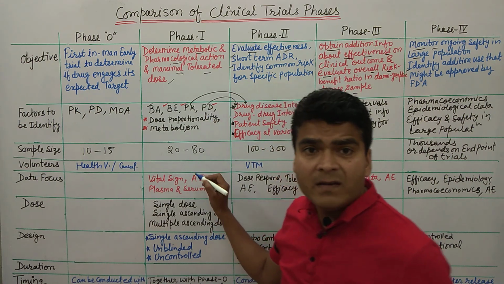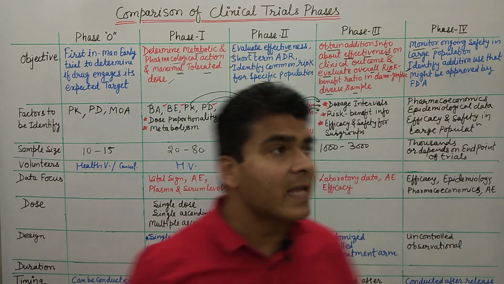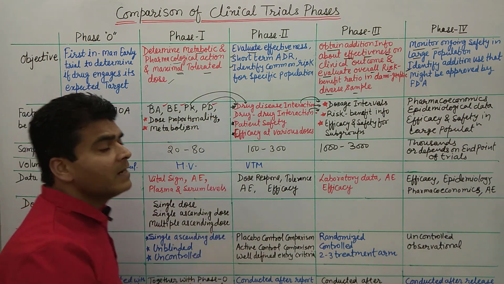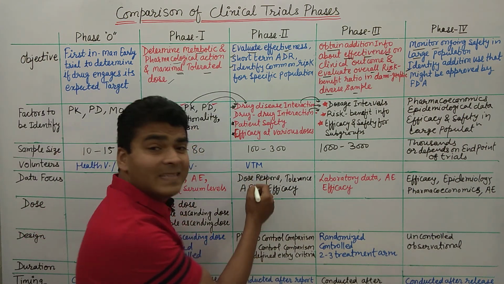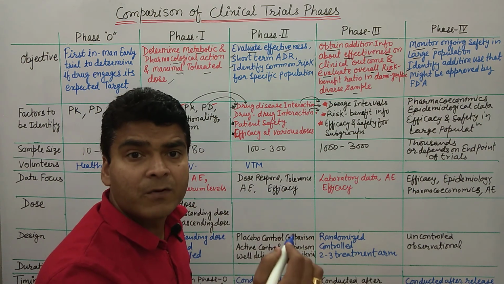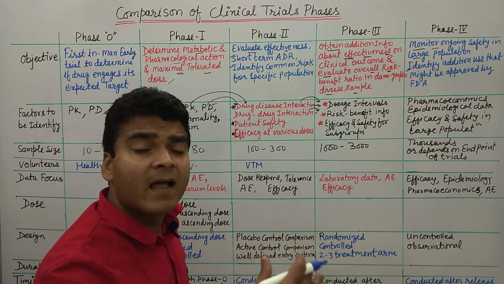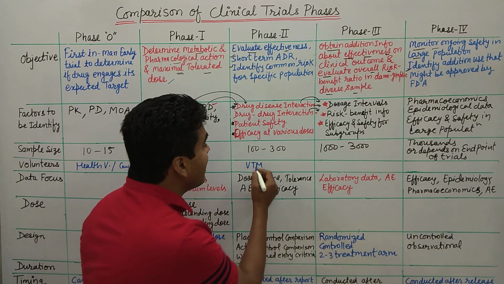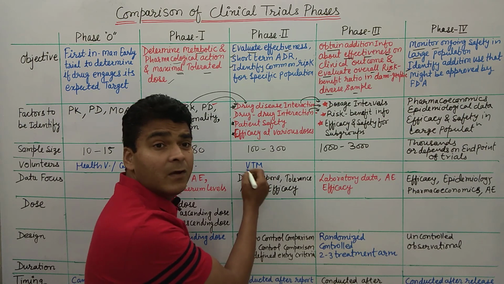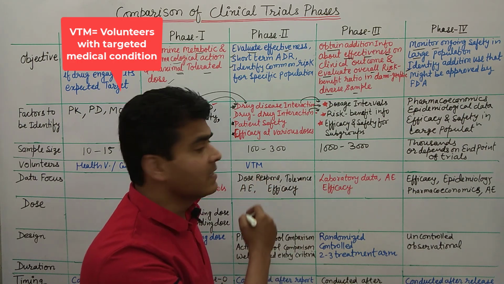In phase 1 we will take healthy volunteers. Then in phase 2 we will take volunteers with targeted medical condition, meaning patients for which we are conducting a trial. Suppose we are conducting a trial for asthma, then we are taking asthmatic patients. VTM means volunteer with targeted medical condition, clear.